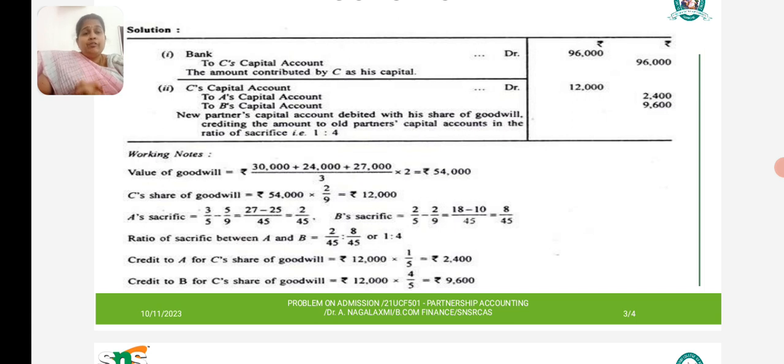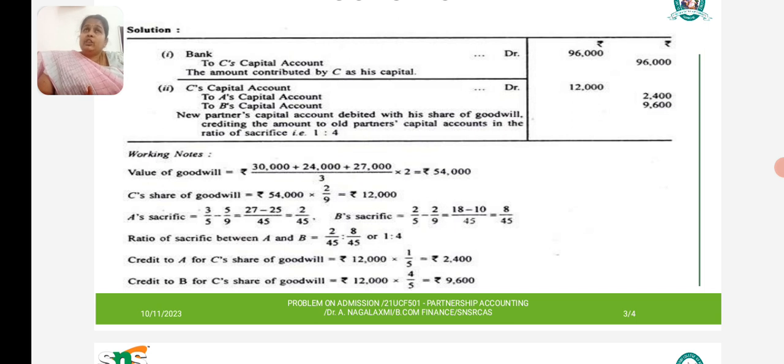Now we have to find out the sacrifice ratio, for sharing the goodwill which is calculated for C. Who has to share? The old partners who are sacrificing their profit for the new partner, A and B. Now we have to find out A's sacrifice and B's sacrifice.